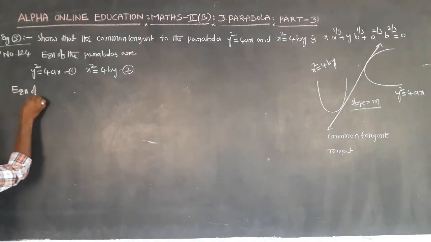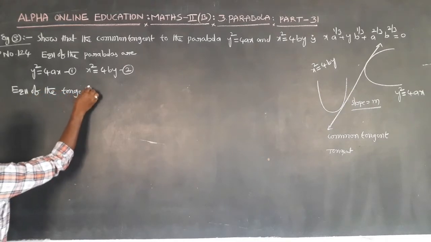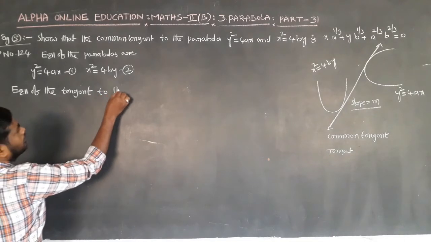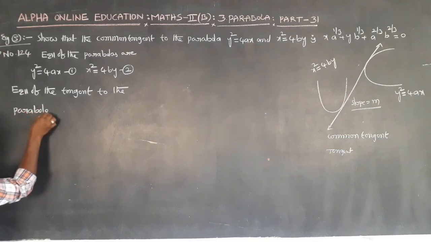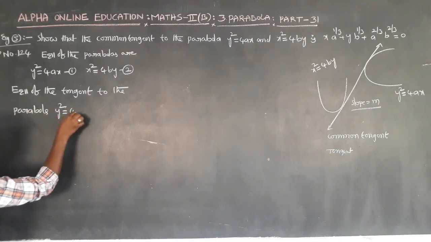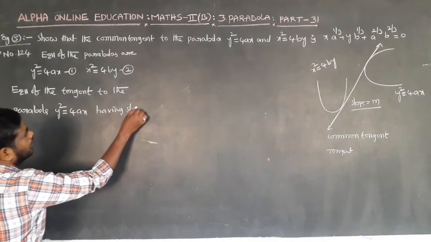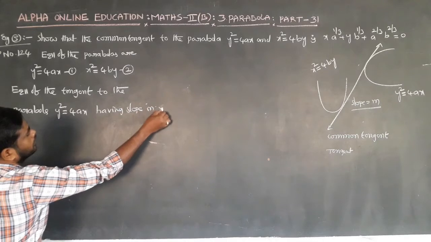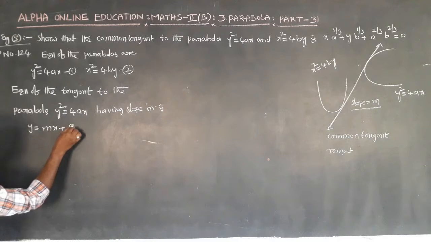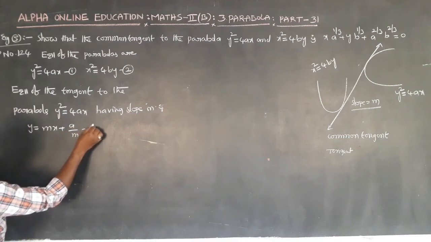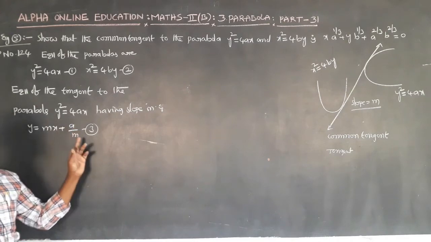Equation of the tangent to the parabola y square is equal to 4ax having slope m is y is equal to mx plus a by m.